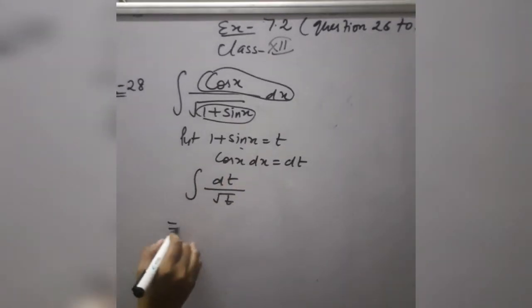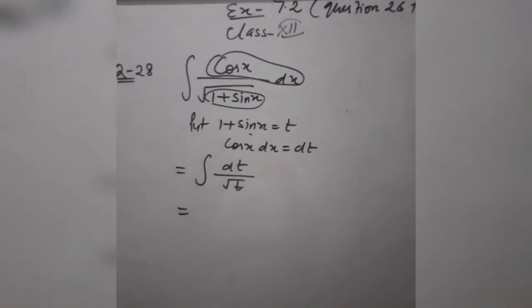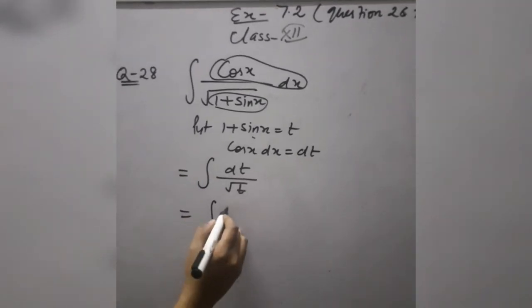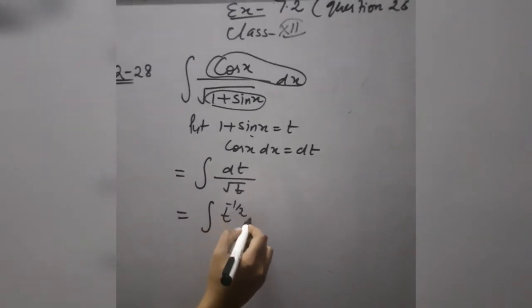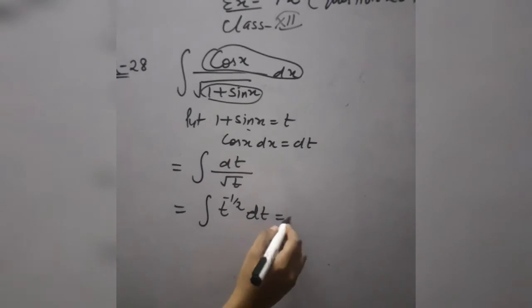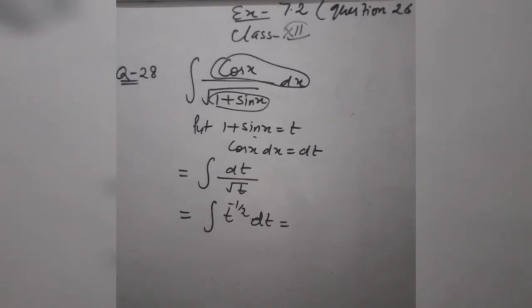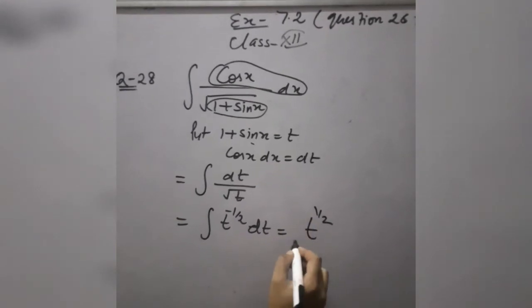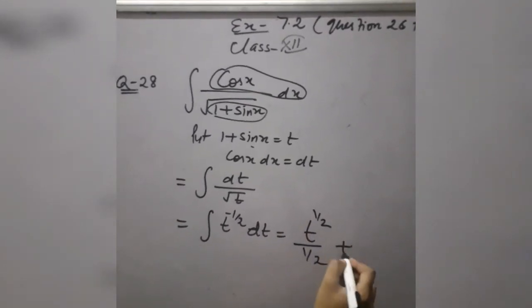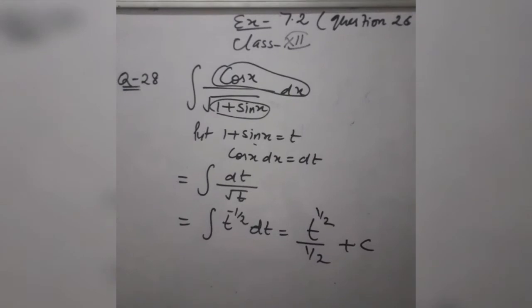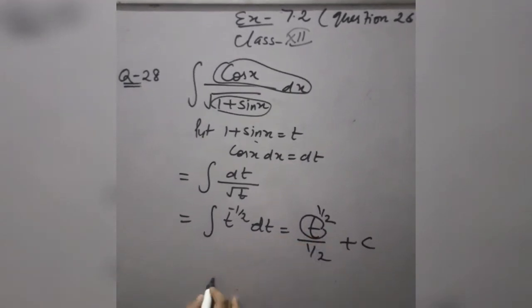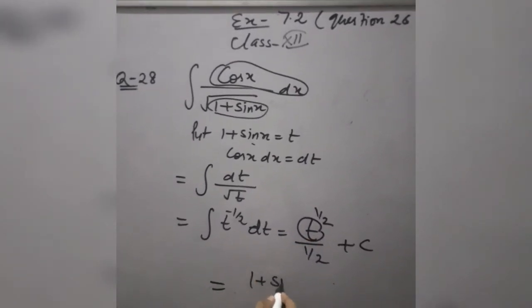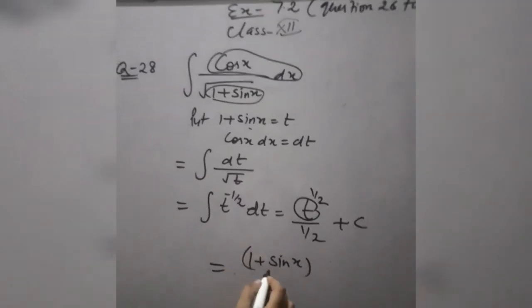It becomes 1 by root t into dt, and 1 by root t can be written as t raised to power minus half. Now integrating it, t raised to power minus half plus 1, it becomes plus half divided by plus half plus integration constant c, and in the last step in place of t write down value of t, which is equals to 1 plus sin x.